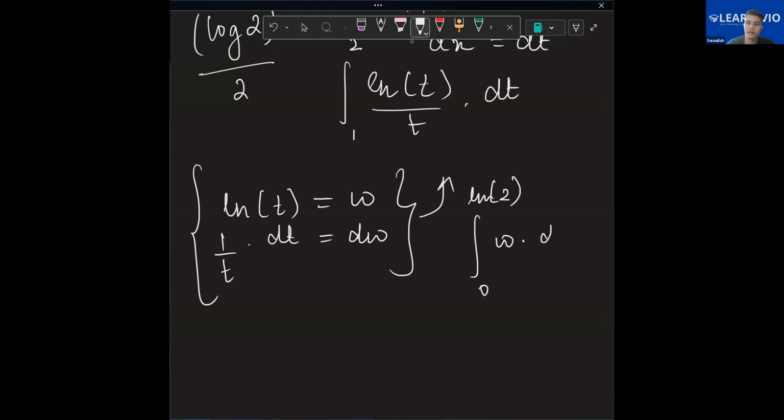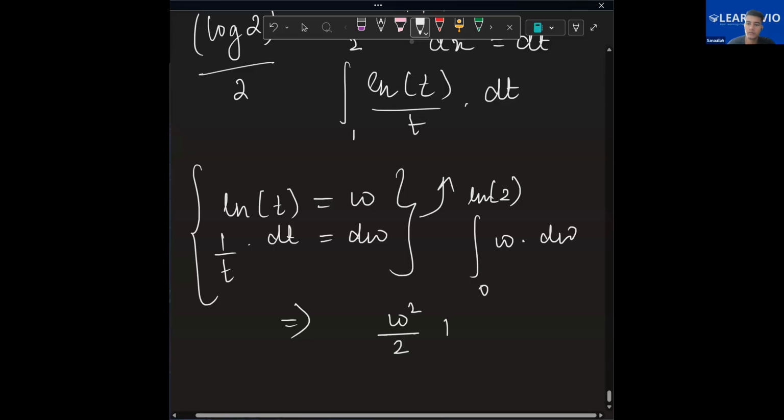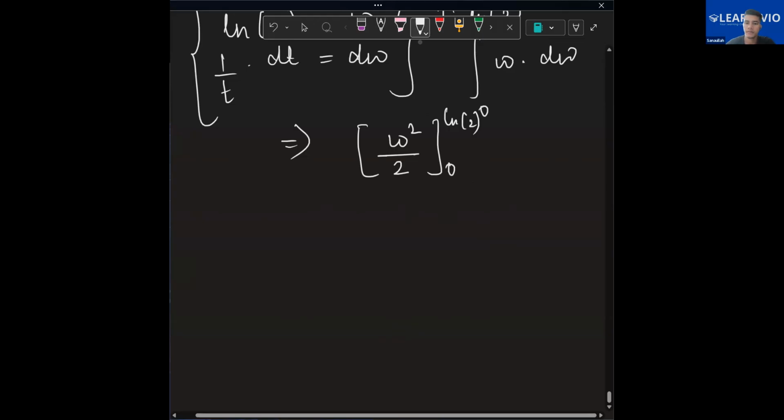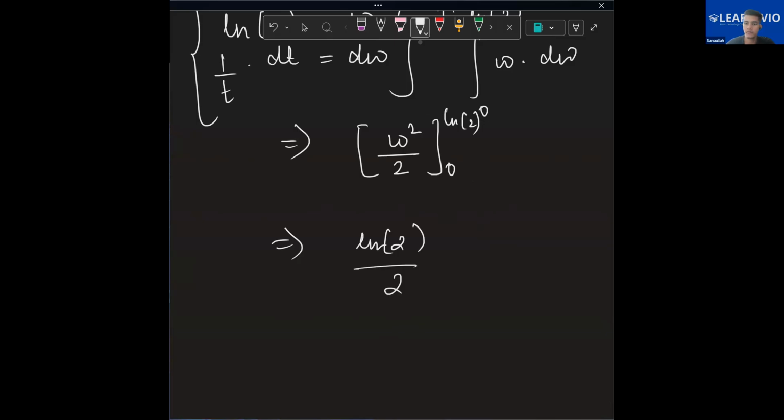This is w and dw. इसका होगा w square by 2 plus C. Sorry, not C. We have a limit from 0 to ln 2. इसको जब आप put करोगे, so you will have ln of 2 whole square over 2.